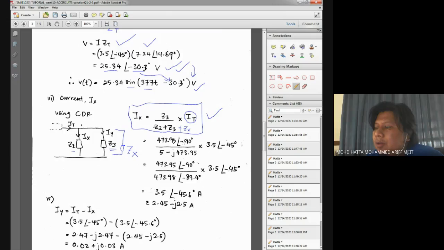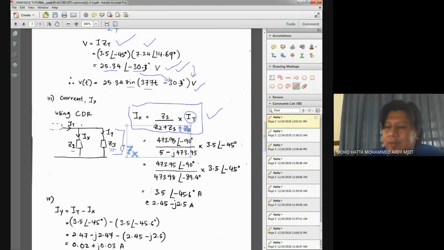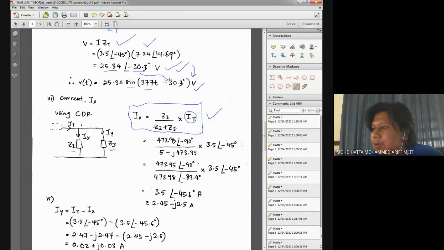You need to use another equation or other alternative methods in order to calculate Ix. You need to revise the material that I showed in DC circuit analysis. Remember that this equation only works if you have two branches. If you have 3 branches, you cannot use this formula.